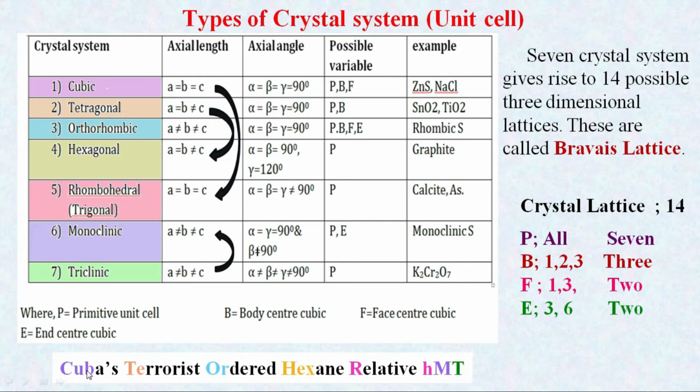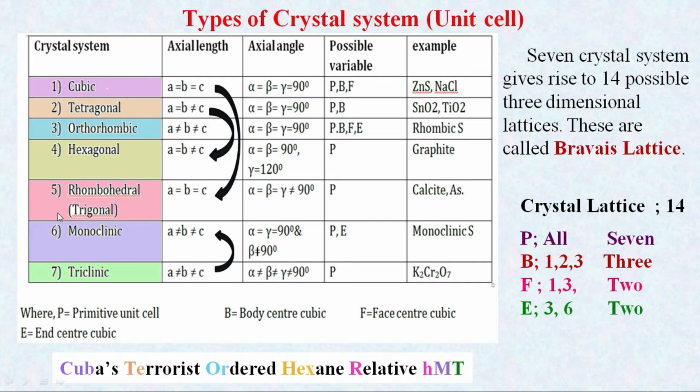Now how will this one sentence help us to remember all these 7 systems in sequence? See, the first 3 alphabets, that is CUB, stands for cubic system. The second one starts with TE, it is the hint for tetragonal. Now let me tell you, in this total of 7 systems, 2 names are there which are of the gonal type.